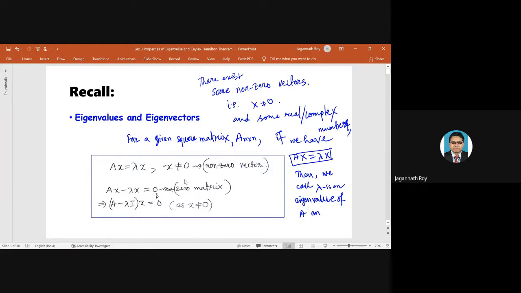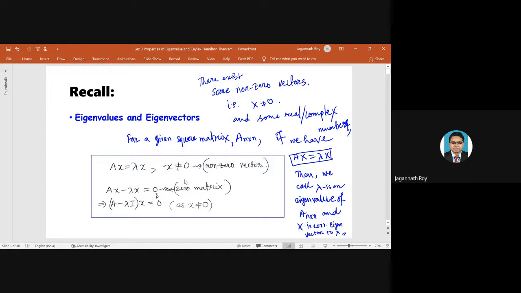and x is the eigenvector. X is the corresponding eigenvector related to lambda.